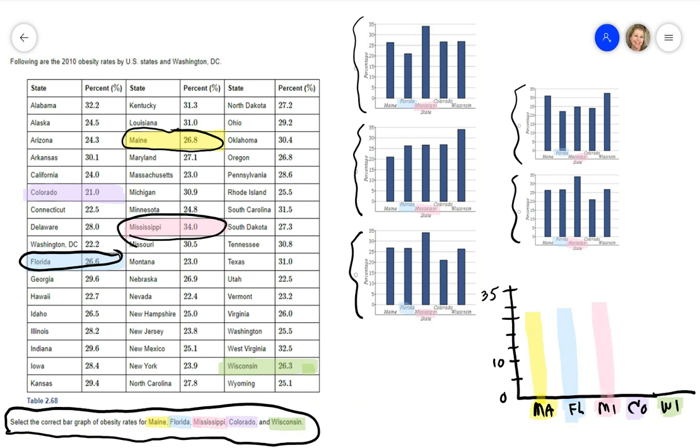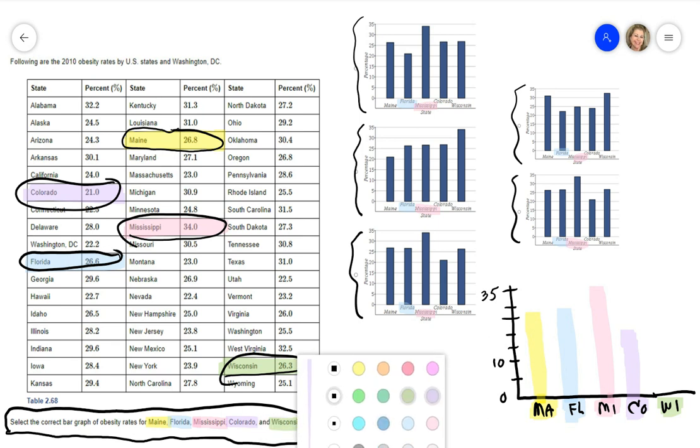So that will be almost to the tippy top. And then I got my purple. Purple is Colorado. That's only at 21. So Colorado is 10, 15, 20. I'm eyeballing it, okay? And then last is Wisconsin, which is 26.3.